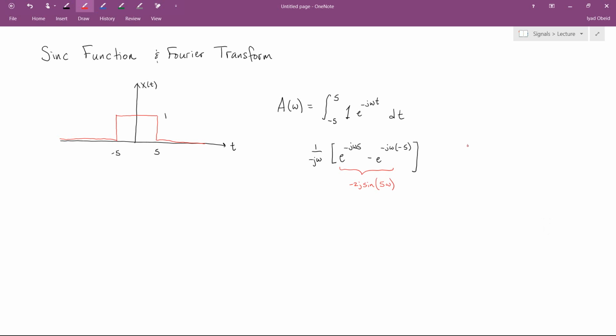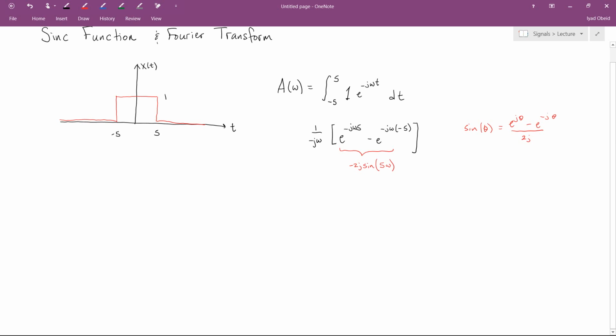Don't forget that in general, sine of theta equals e to the j theta minus e to the minus j theta over 2j. Okay, so that's an identity. By turning that identity around, I got this minus 2j sine 5 omega term. And I'm going to let stuff cancel out, and I'm going to write that as sine of 5 omega over, and it should just be that times a 2, so it should be 2 times sine 5 omega over omega.